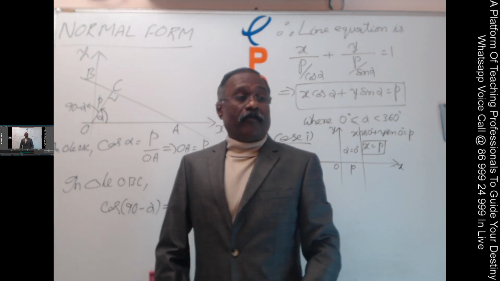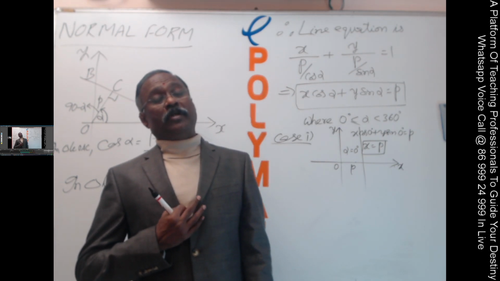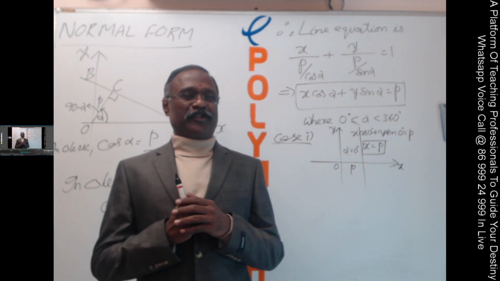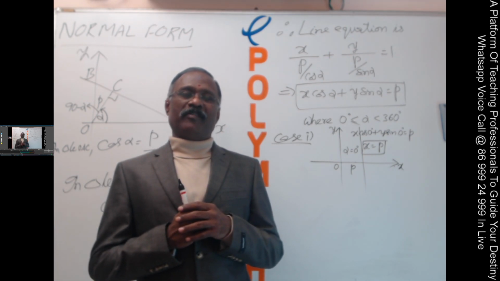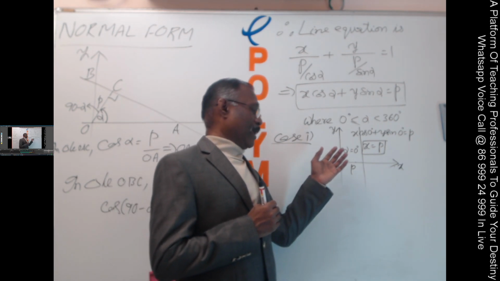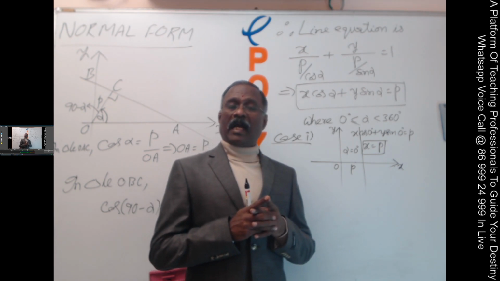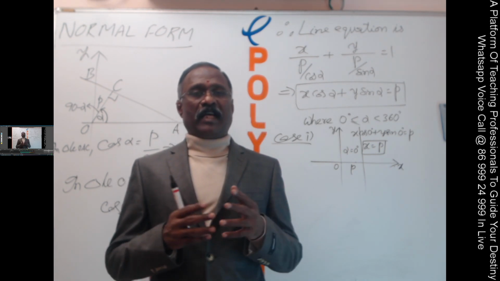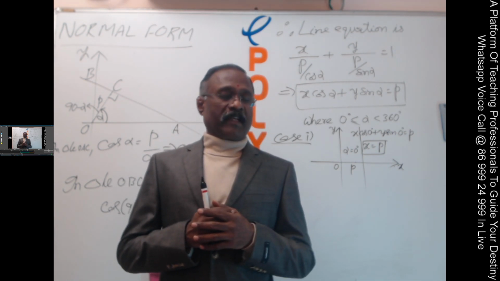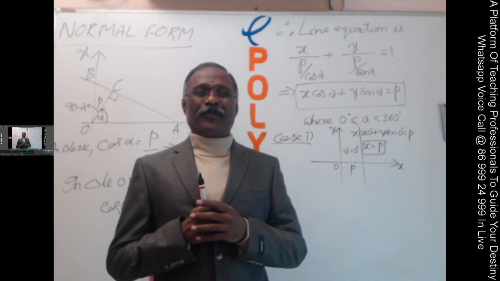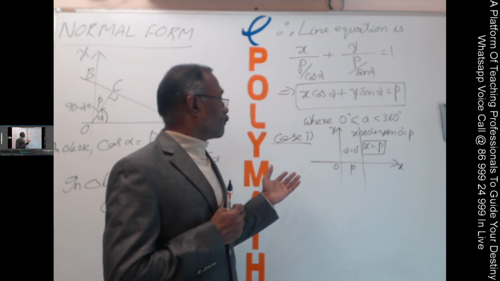Whatever form we have derived, we have to show that it is a universal equation. What does universal equation mean? Whether the line is parallel to the x-axis, parallel to the y-axis, or not parallel to either axis, this form should be true. That's what I have shown.